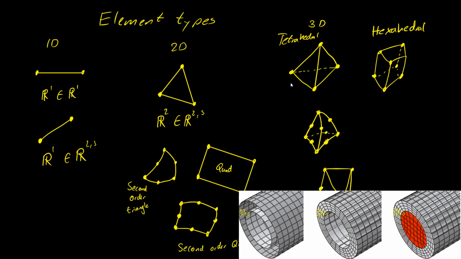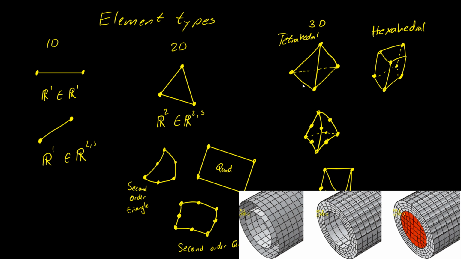So you cannot squish these and have one side be much longer than the other 3 sides, for instance. That's very bad accuracy there. The Jacobian will be very badly scaled, and that just leads to an unstable matrix system and bad accuracy in general. So you need to avoid that.